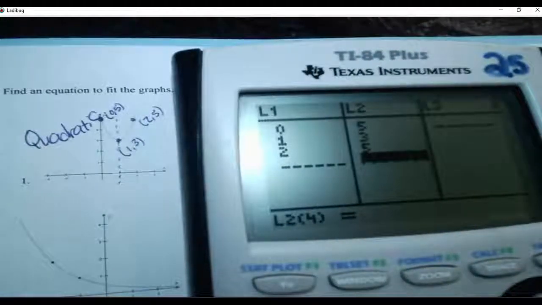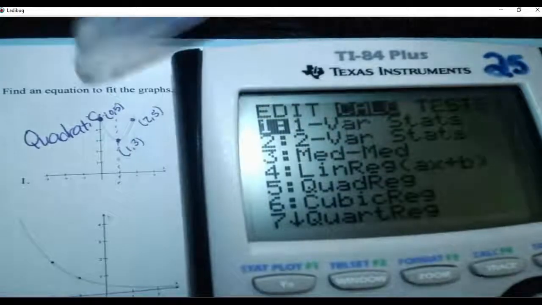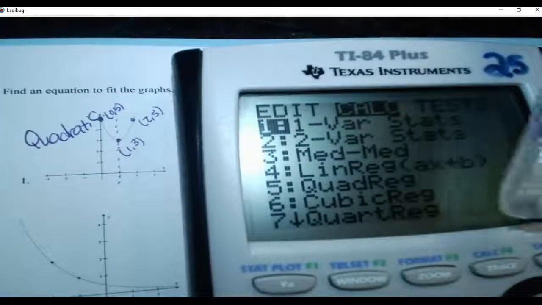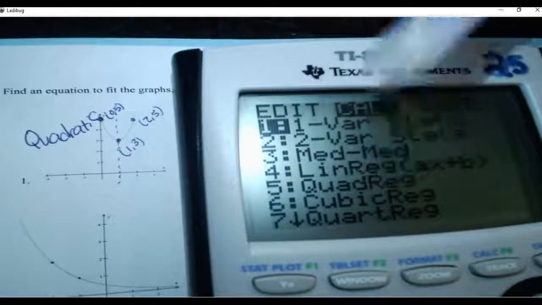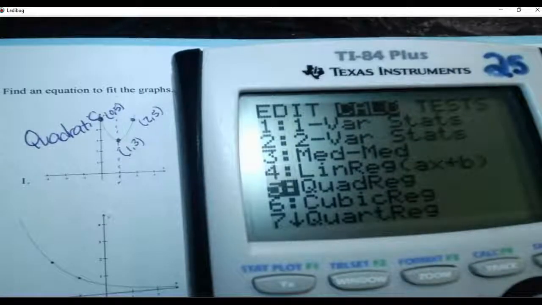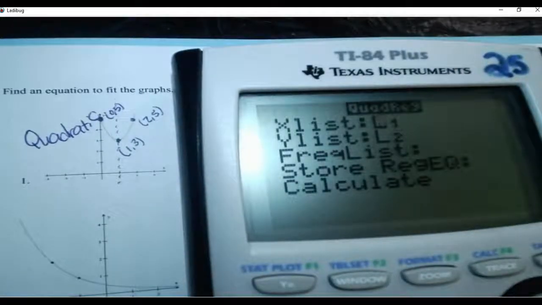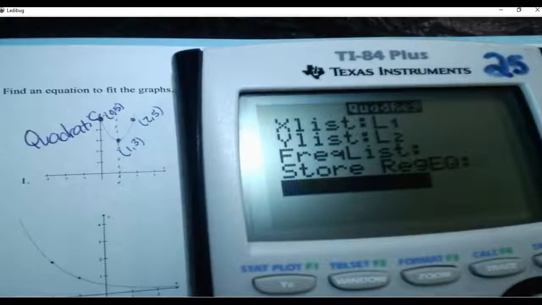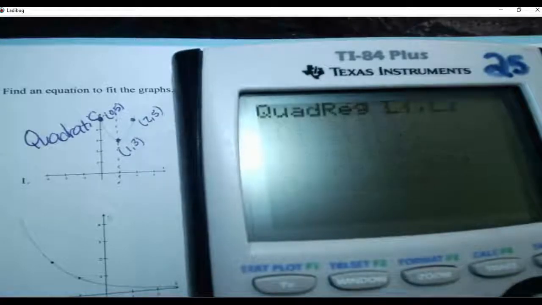Now, we go back to stat over to calc, and since this is quadratic, we want to use quad reg, which is number 5. We're not wanting to find anything except the thing, so we don't have to worry about storing it. Enter.